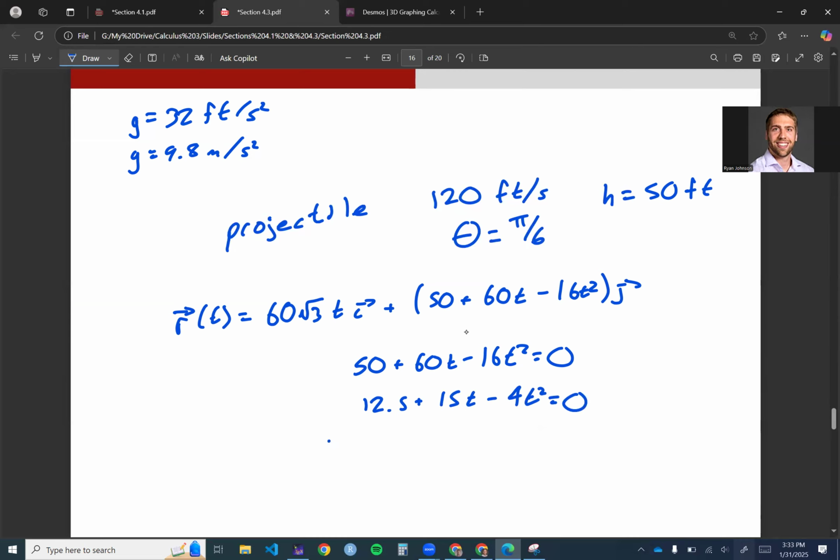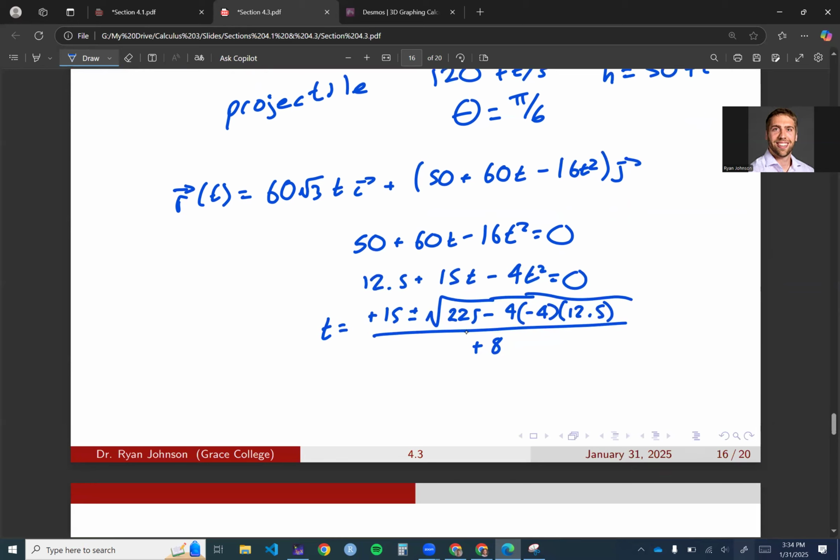So t equals negative b plus or minus the square root of b squared, 15 squared is 225, minus 4ac, all over 2a. So make those positive, and then you're going to go for the positive square root.